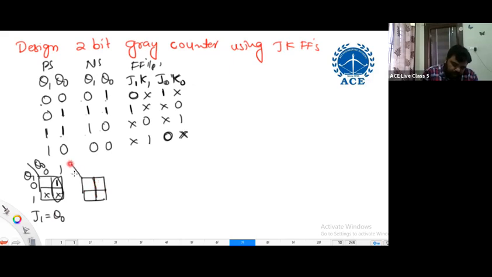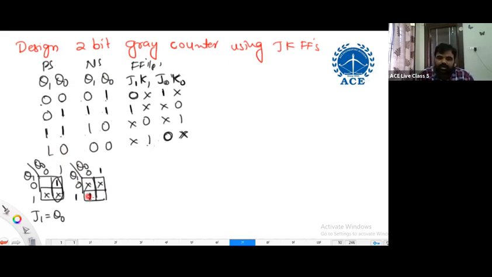Here again, what is that here? Q1, Q0, 0, 1, 0, 1. What we have in K1? 0, 0 is don't care. 0, 1 is don't care. And where it is 1? Check it correctly. It is not here. It is 1, 0 is 1, means I need to write 1 here. Be clear about that. Last one is 1, but last one is not 1, 1. Last one is 1, 0 with respect to Q1, Q0.